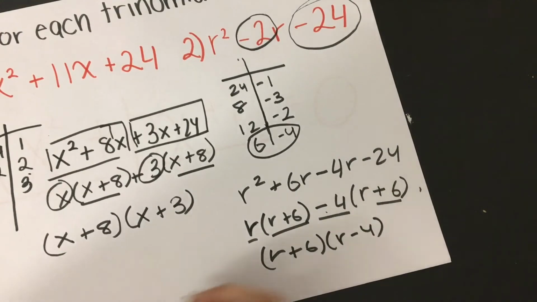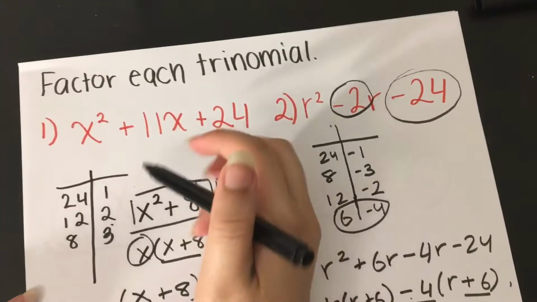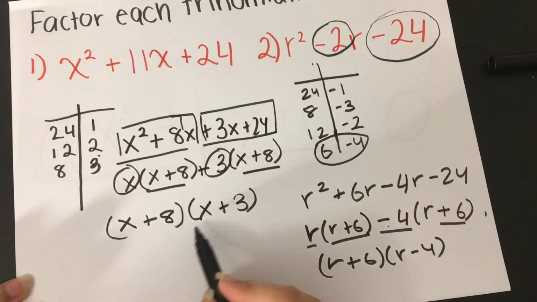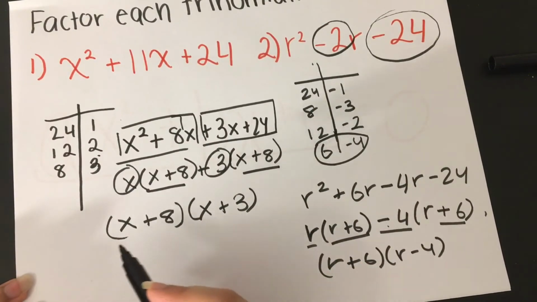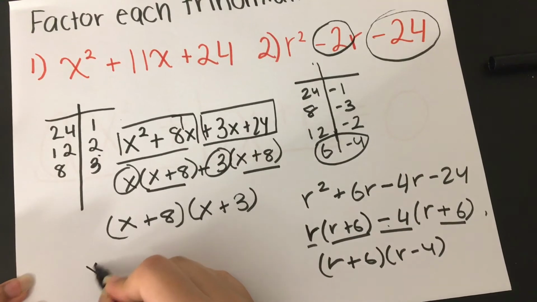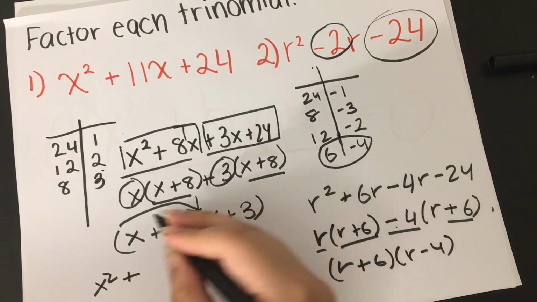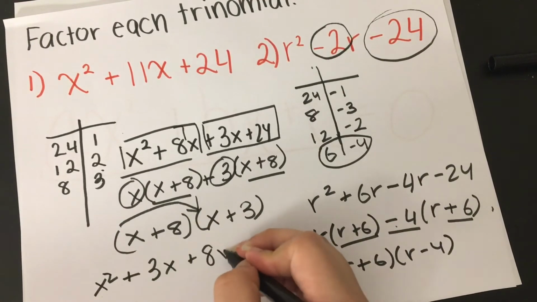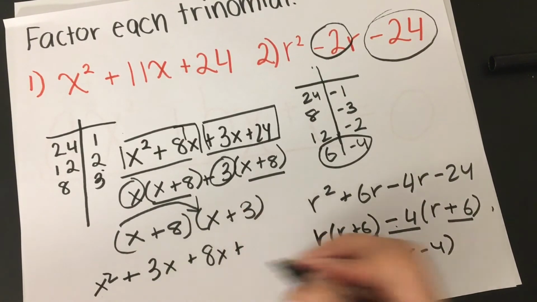Now notice, if we FOIL these values, we're going to come up with the exact same expression as before. Let's try it. X times x, remember FOIL, x squared plus an outer 3x plus inner 8x plus 8 3s are 24.